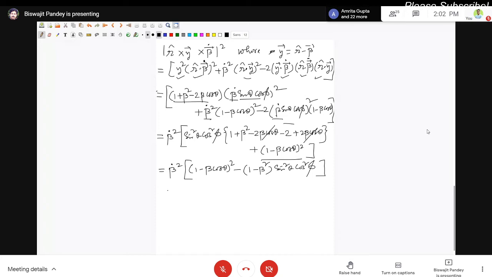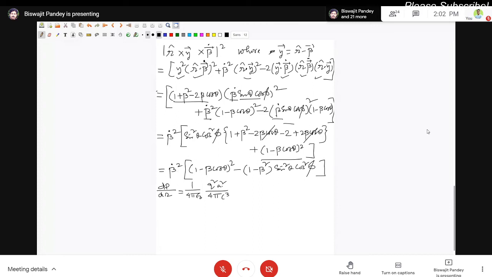Now let us write down the entire expression together. So dP d omega, what was that? That was 1 by 4 pi epsilon 0, q square a square divided by 4 pi c cube, and then the entire expression that we simplified, this r cap cross y cross beta dot square, divided by 1 minus beta cos theta whole to the power 5. This has already been simplified, and beta dot square is written as a square by c square.